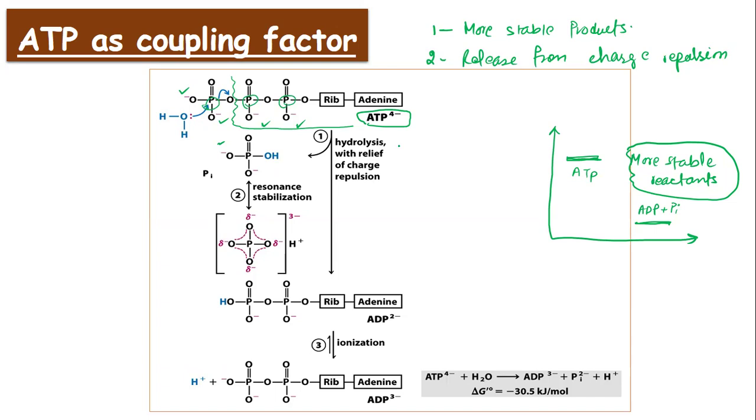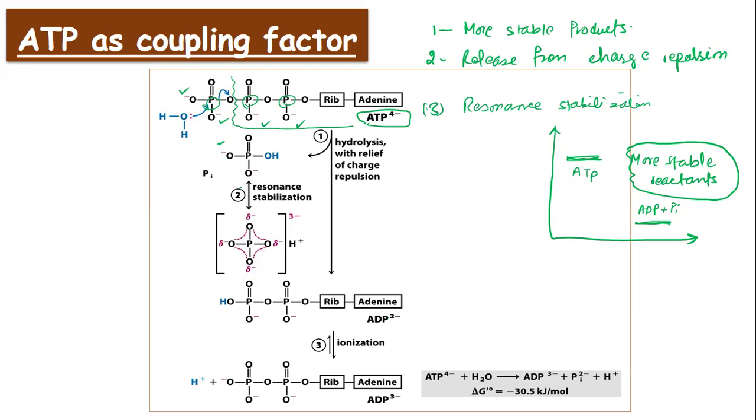Now, the third one is resonance stabilization. As you are seeing here, the hydrolysis products of ATP, the first one is inorganic phosphate and the second one is ADP.